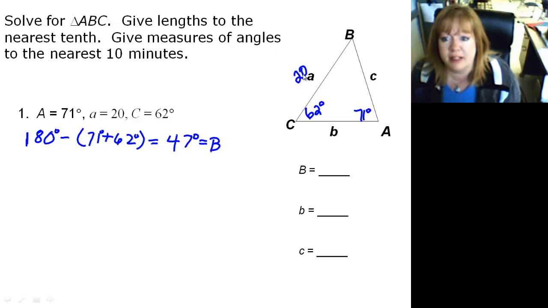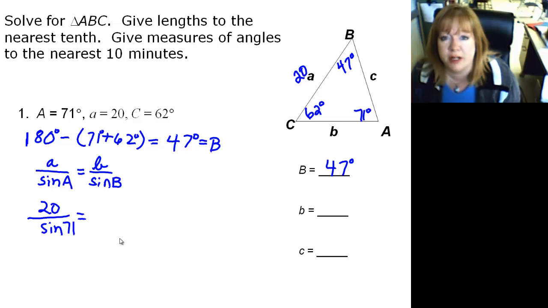I have little a is 20. So now I have all three angles, and I have this angle and the side opposite this angle, so I can use the law of sines to set up a proportion. I'm going to set up little a over sine of A equals little b over sine of B. So these are the angles, the capital letters, the measures of the angles.